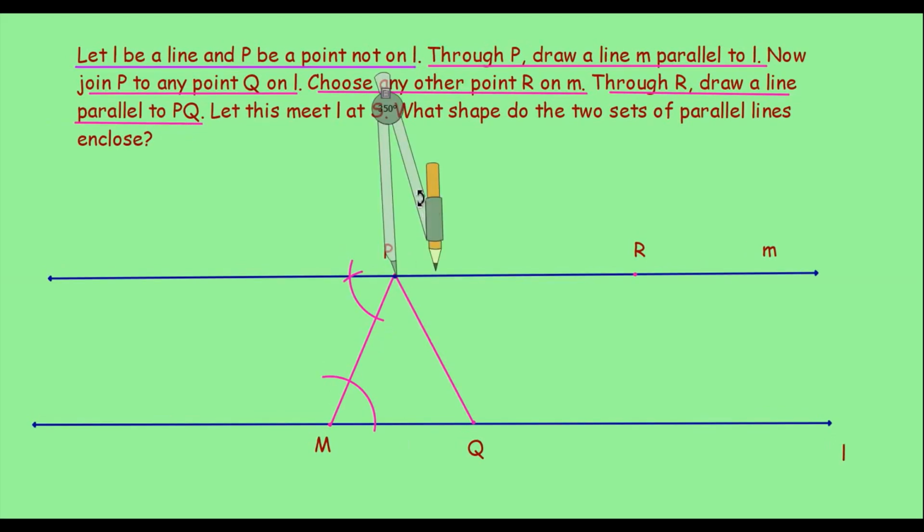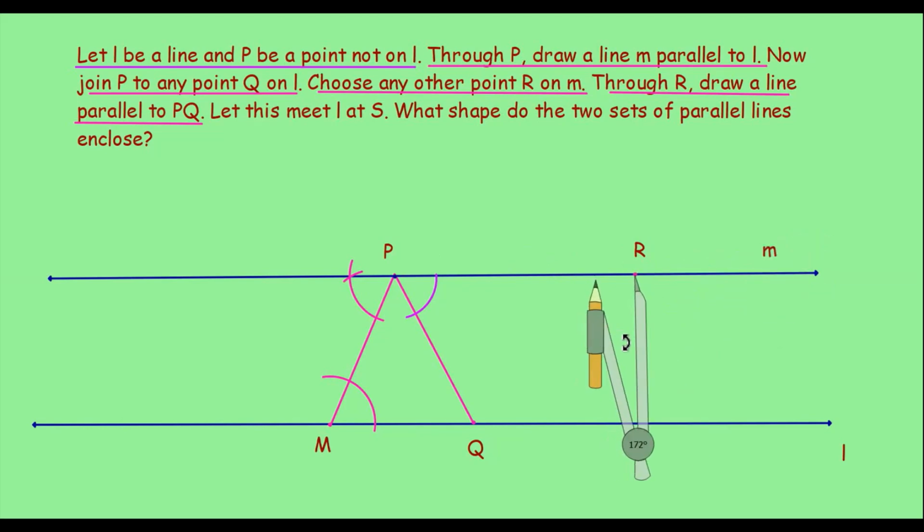Now with center P, any radius, draw an arc intersecting PQ and the line m. With the same radius, with the center R, draw another arc in the opposite side of the previous arc.